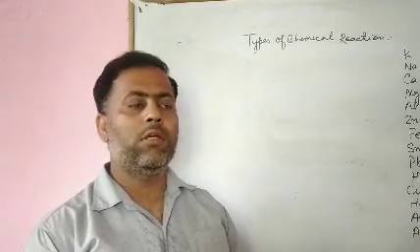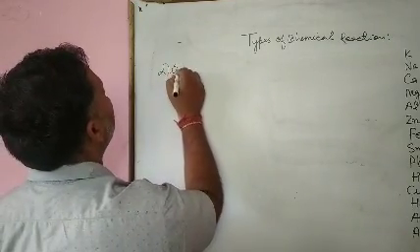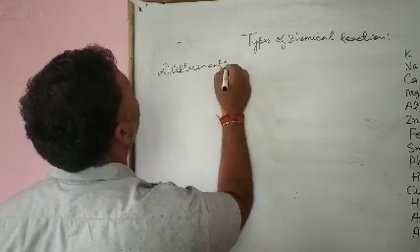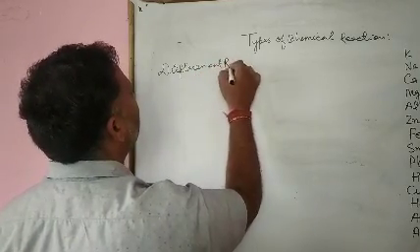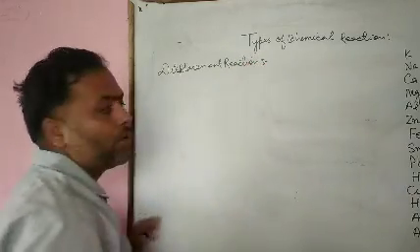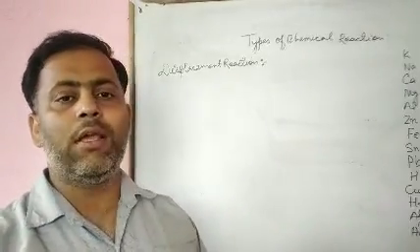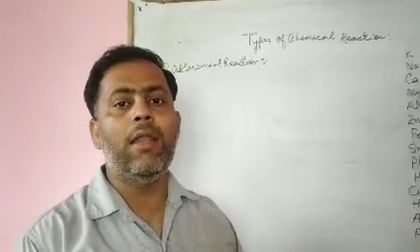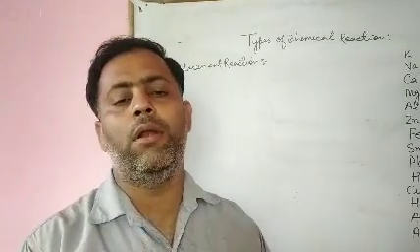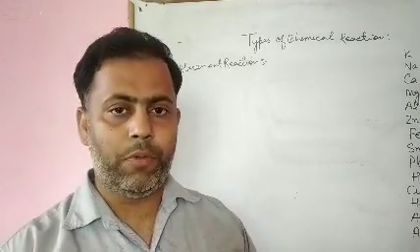Let us discuss displacement reaction. What is a displacement reaction? As I have already stated, it is a reaction in which a highly reactive metal will displace a lower reactive metal from its salt solution. Let us see how it is, but before that we will define it.